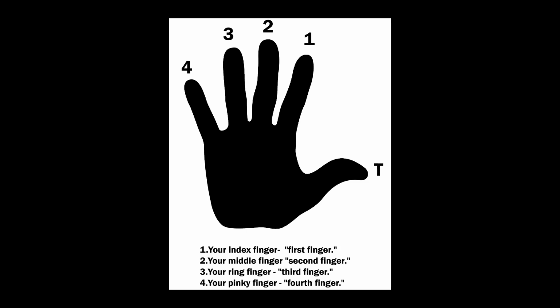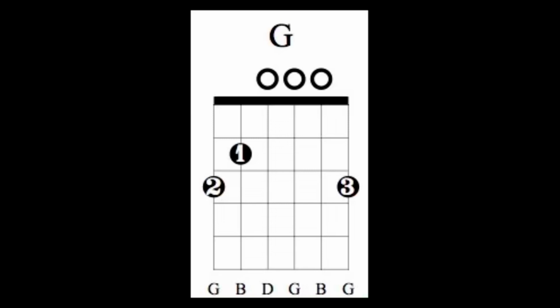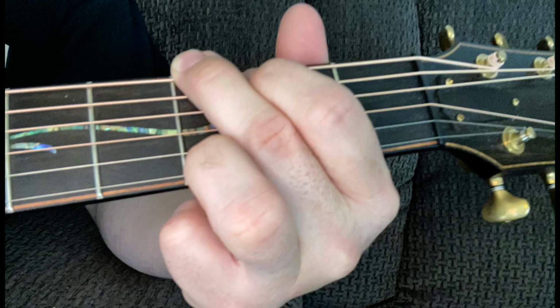As you can see, T equals the thumb, 1 is the index finger, 2 is the middle finger, 3 is the ring finger, and 4 is the 4th finger. This represents the fretting of an open G chord and is probably the first chord that pretty much any guitarist will ever learn. And here's how it looks on the guitar.